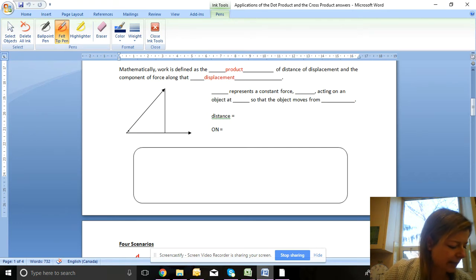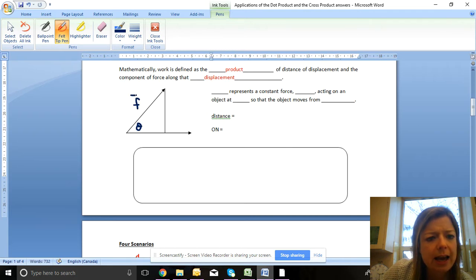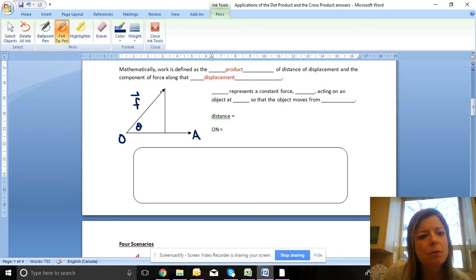So if this is some theta here, and this is the force acting on the object, and the object is going from O to A, then the work is how far OA is, multiplied by how much of this force is going in the same direction as OA. So that is actually ON, which is the scalar projection of the force along the line that the displacement is actually happening.